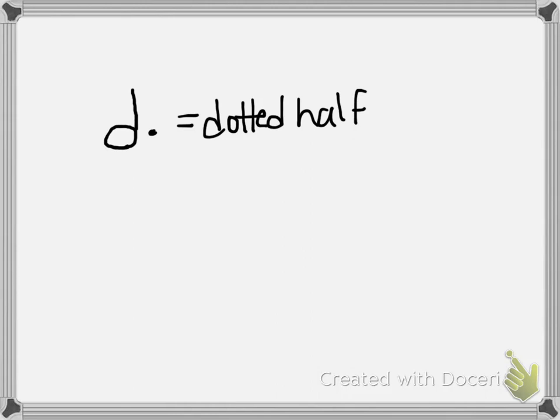And we can also have a dotted half rest, so it would look like this, and it would have a little dot next to it. That's going to get a special amount of beats. So what you do to figure out any kind of a dotted note, you can dot any note. If you dot a note, you take the original note value, which we know half notes get 2 beats, so that's 2 beats, plus half of that original note value.